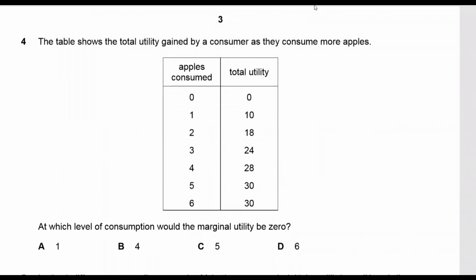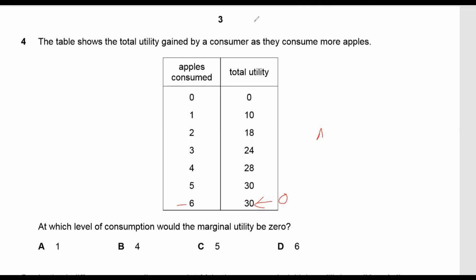Question number 4 says the table shows the total utility gained by a consumer as they consume more apples. At which level of consumption would the marginal utility be 0? Marginal utility is the additional utility that we obtain by using one additional unit of a product. If we consume 6 units, it means we get no additional utility, so marginal utility at this point will be 0.